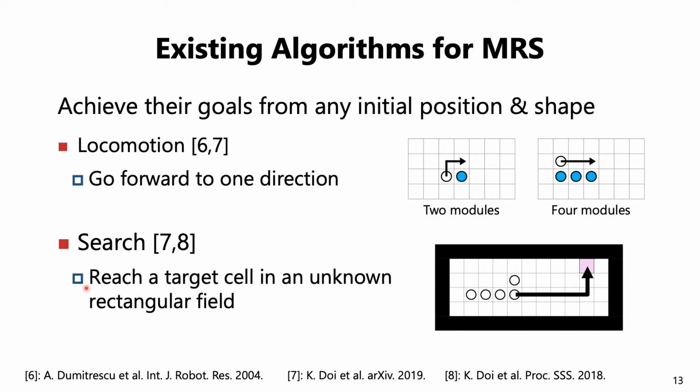The search algorithm makes an MRS reach a target cell in an unknown rectangular field like this. This is the target cell. These algorithms can be used as building blocks to achieve a final goal, such as creating a map in unknown fields and discovering victims in a disaster area.